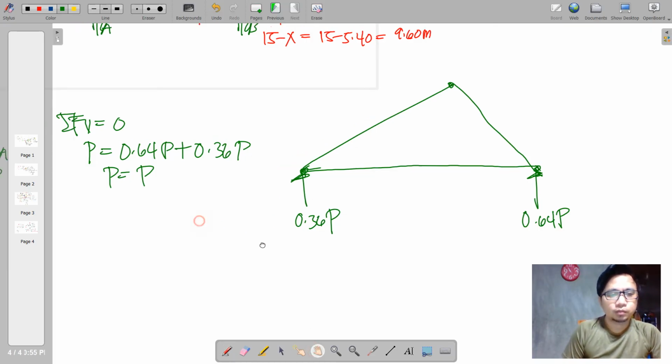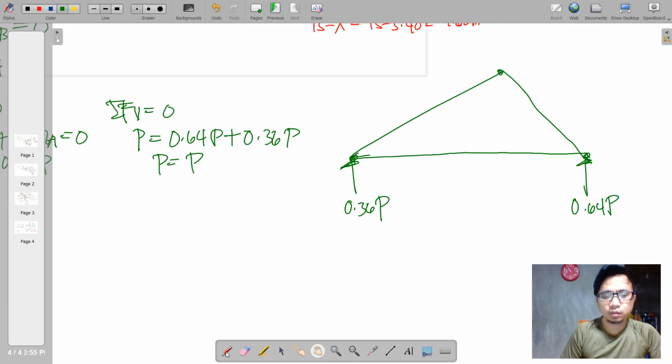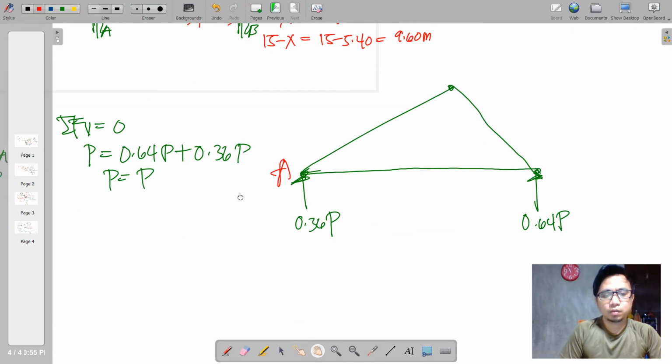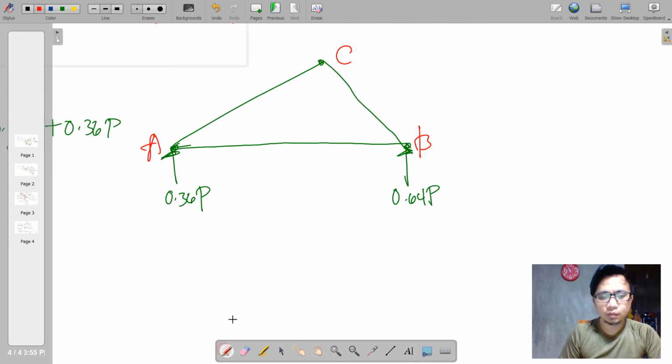Say we have A, this is B, and that is C. We'll just have to illustrate here a force triangle for the diagonal member.